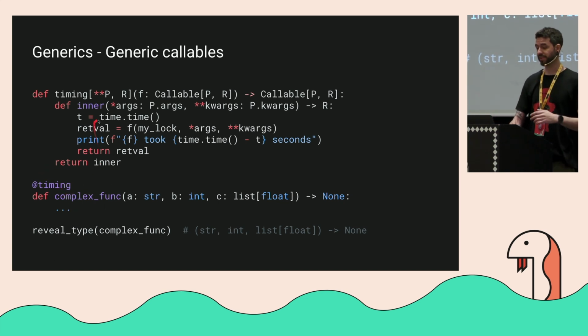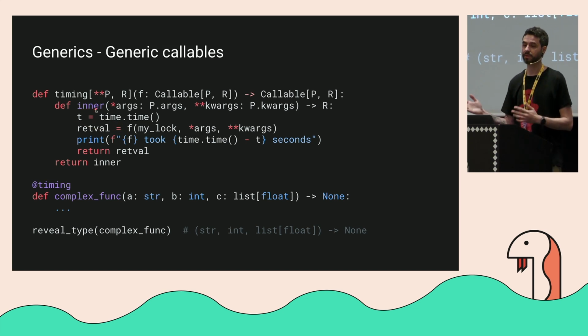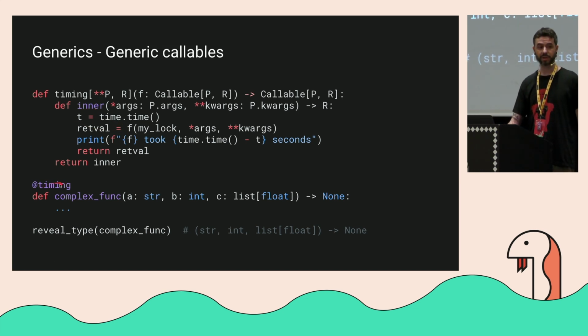But without the typing stuff here, by adding timing to complex func, we would lose all the typing information from the original function.